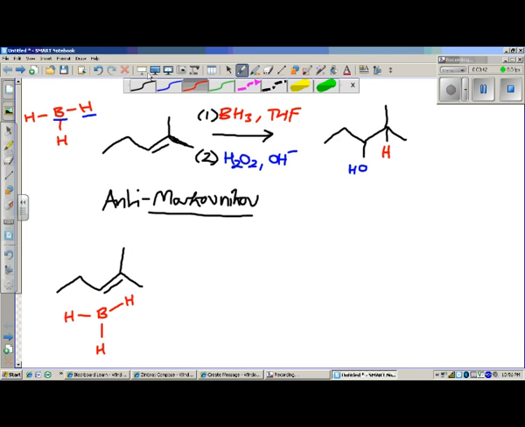Now remember what we said before about boron being electron deficient. That is true. So what actually happens is, if this is electron deficient, this is the electrophile, this is the nucleophile, as it usually is, and those electrons can just go down there and attack that boron.